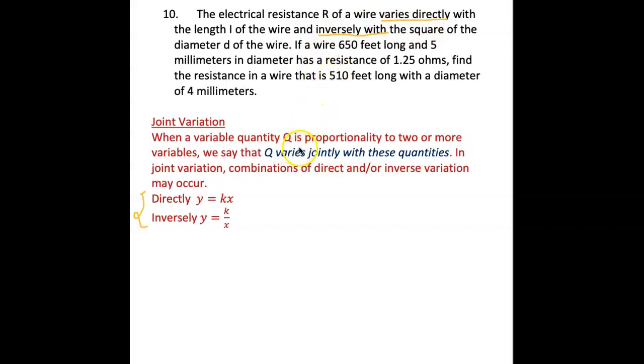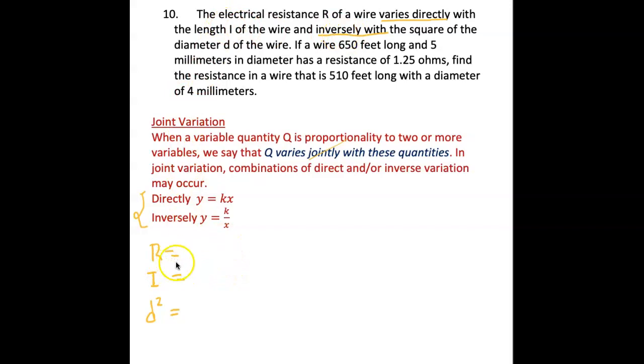Then let's go ahead and look at all the variables that we were given. Okay, we're talking about R, l, and very important, the square of the diameter d. The square, d squared, of the diameter d. So then we're going to go ahead and define what each variable is.